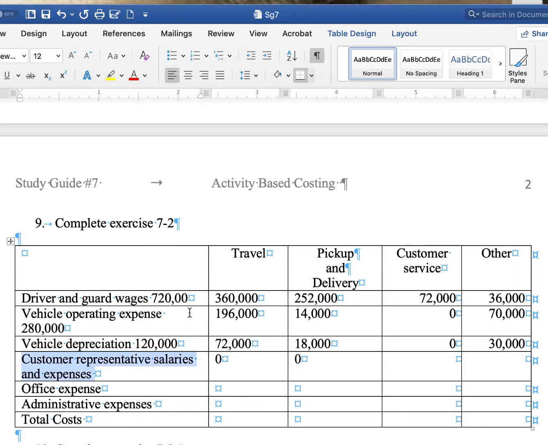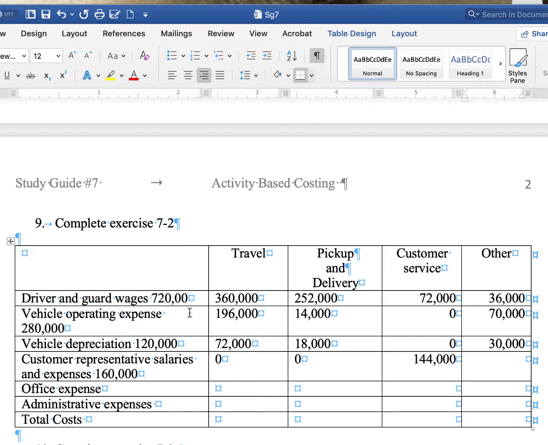So if we look at that top chart, we see that the customer representative salary and expense account is $160,000. So we say, okay, of this $160,000 total cost, how much of that cost is consumed by the activity of customer service? Well, it tells us 90%. 90% of 160,000 ends up being $144,000.